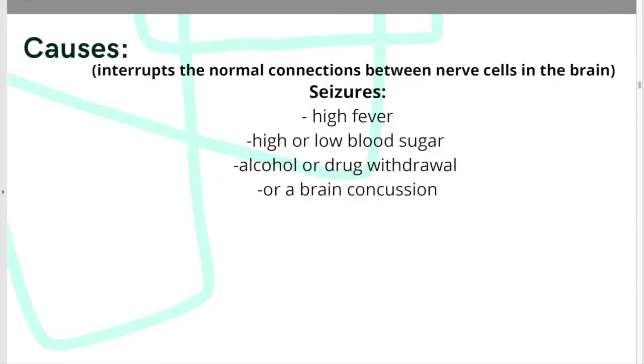Causes: anything that interrupts the normal connections between nerve cells in the brain can cause a seizure. Under that are high fever, high or low blood sugar, alcohol or drug withdrawal, or a brain concussion.